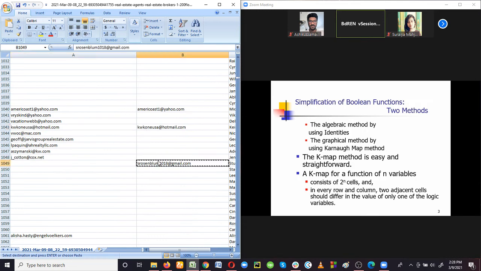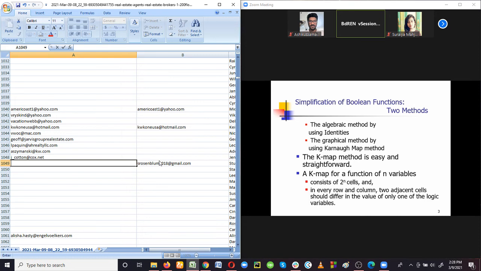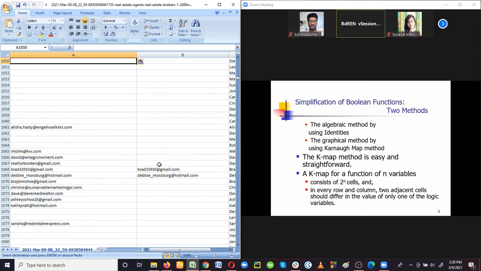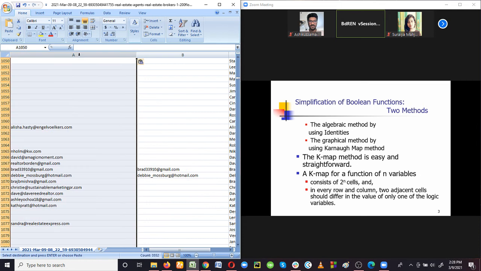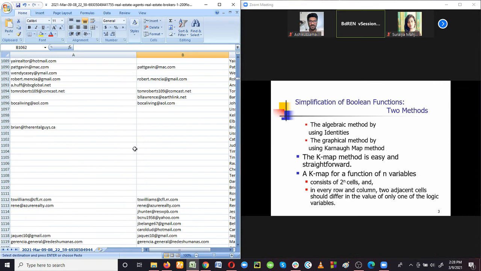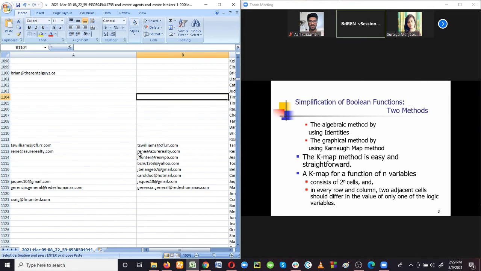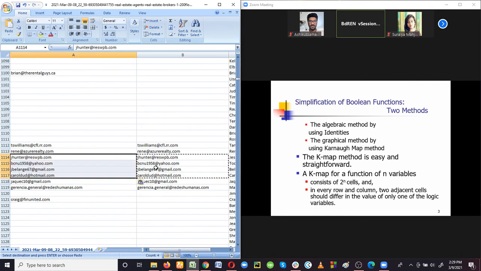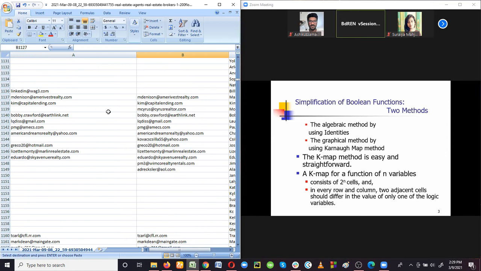In previous chapters, we read different types of identities for simplifying Boolean functions. Can you remember? We read 10 types of identities. That topic's name was Boolean algebra, that means we use the algebraic method.